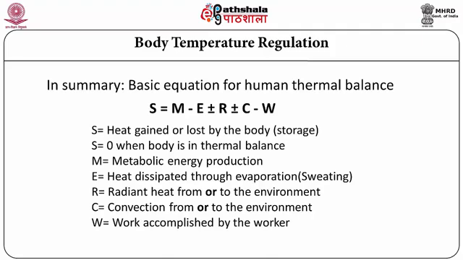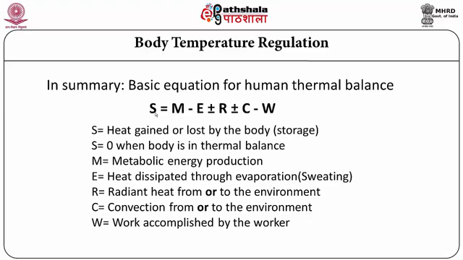If you look at this, the metabolic energy is always positive, evaporation is negative, radiation and convection can be positive or negative, and work will always be deducted from the total. If we sum up all these factors, on the left hand side we get a storage, either heat gained or lost by the body.